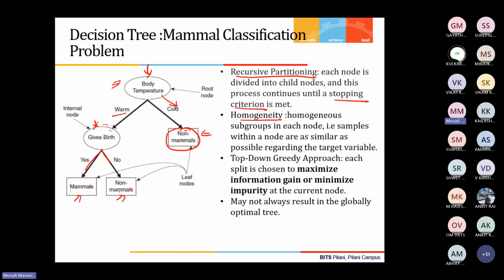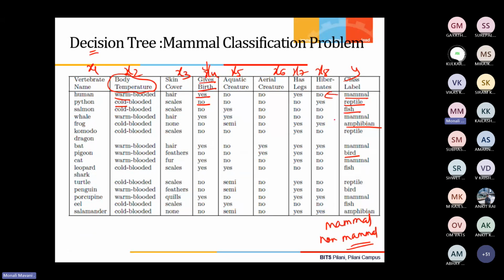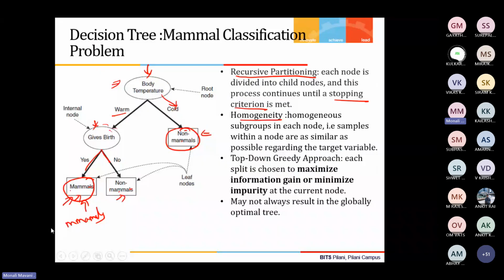Then homogeneity, that's my stopping criterion: all the examples at a leaf node belong to mammals. So all of these examples which are mammals, after I construct the tree, will go here, and some of the non-mammals will go here, and some of the non-mammals will go over here. So we are looking at the homogeneity.